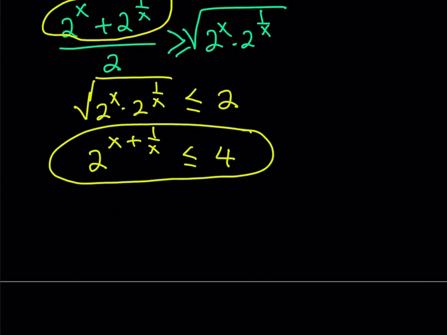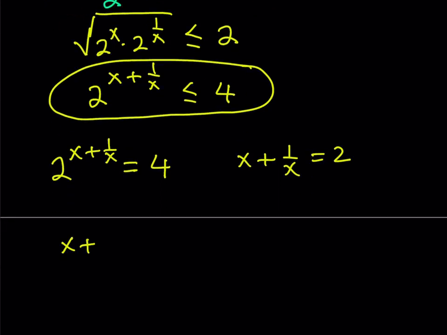Okay, now what is that supposed to mean? Well, it just means that x plus 1 over x is equal to 2. So what? Well, when is that true? We said that x plus 1 over x is always greater than or equal to 2. Now, when they're equal, it just means that x and 1 over x are the same thing.